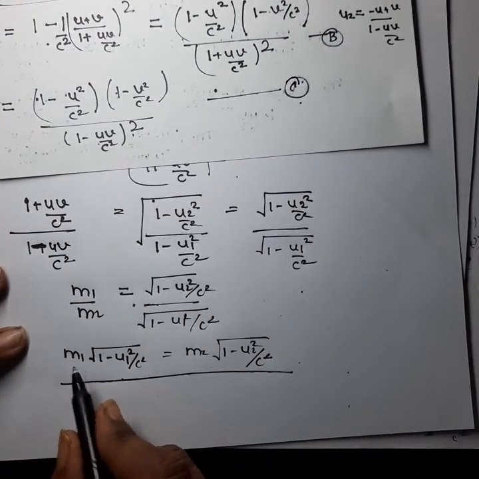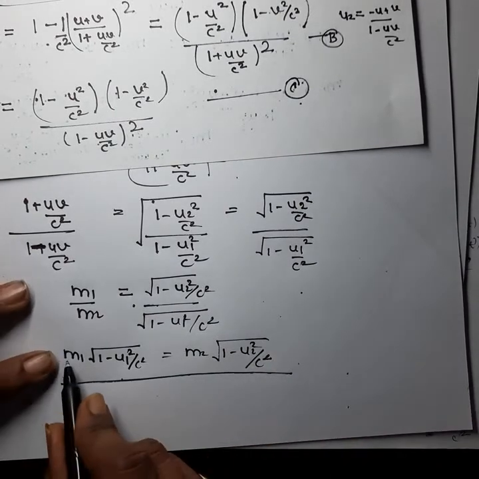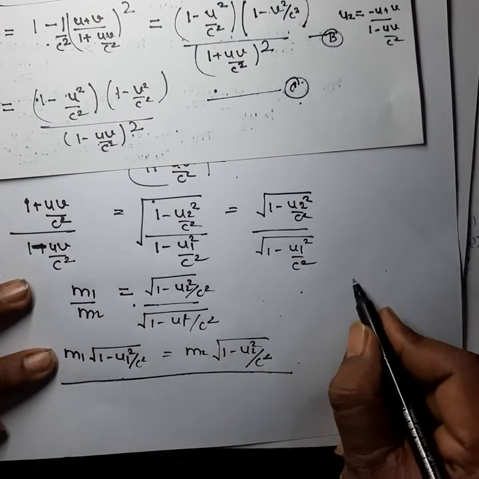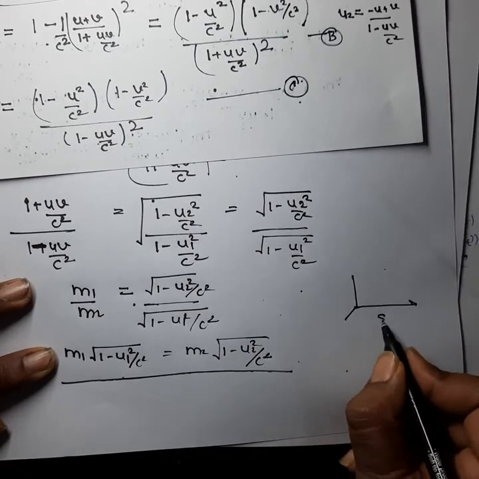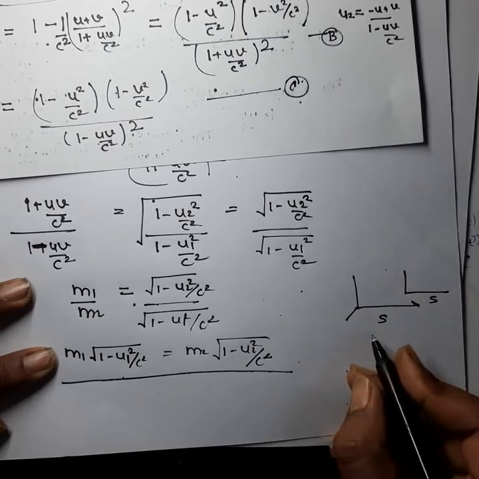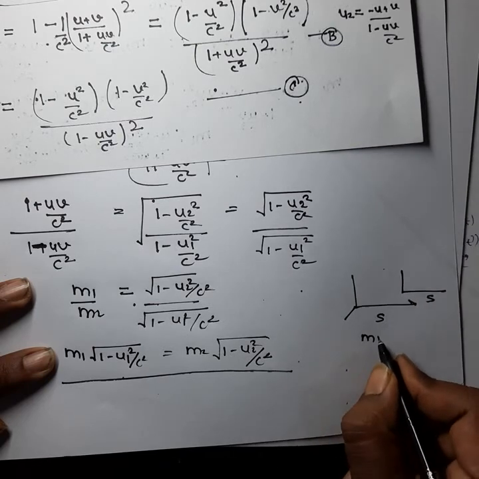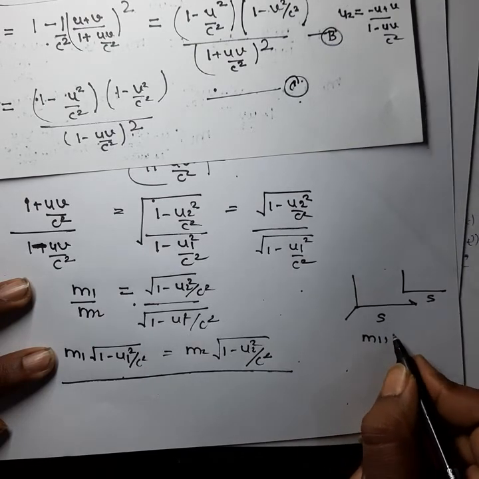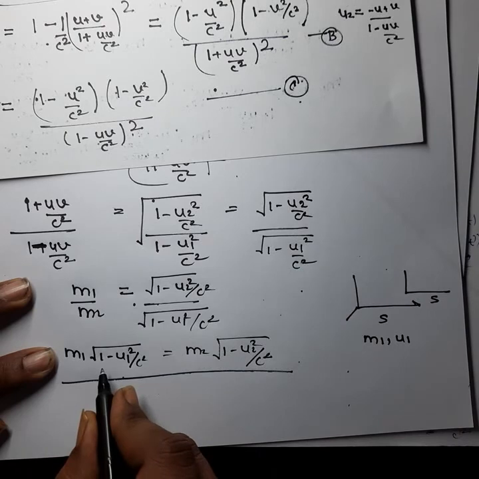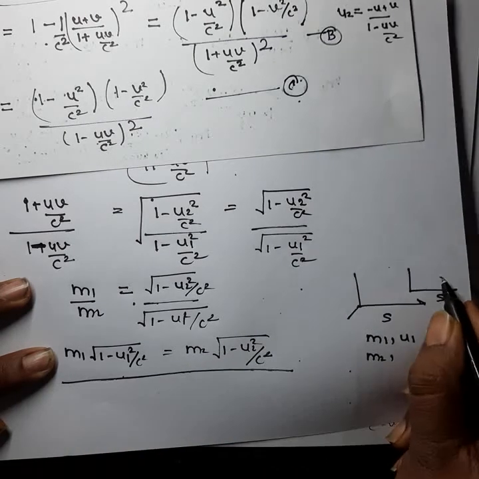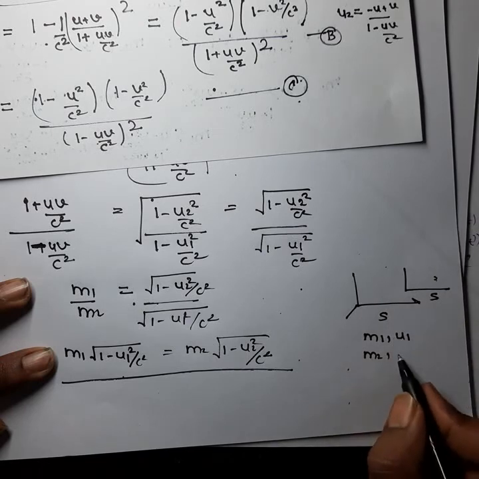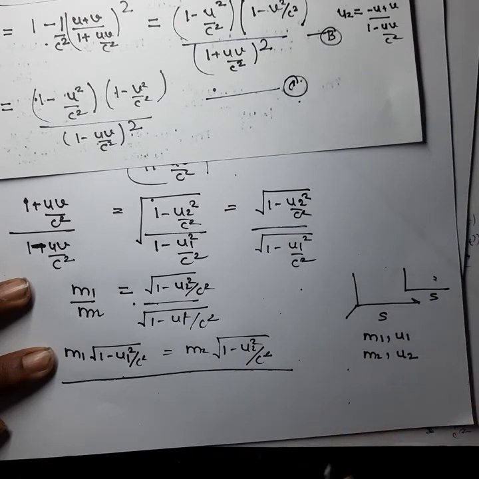What is m1? You remember m1 is the mass. This is S frame of reference, this is S dash. So m1 is the mass of the first body and u1 was the velocity of the first body. Similarly, m2 was the mass of the second body, and u2 was its velocity.